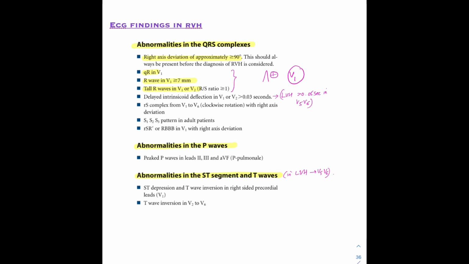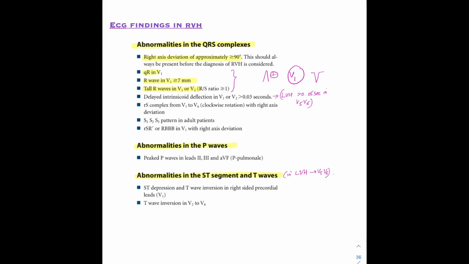Because now the vector of depolarization will be shifted towards the right, which initially used to be towards the left side. Since it was initially on the left side, we generally record negative QRS complexes in the leads V1. But in case of RVH, we will be recording positive deflections or R waves in the leads V1. So this is an important difference and a change that you can quickly see in an ECG.